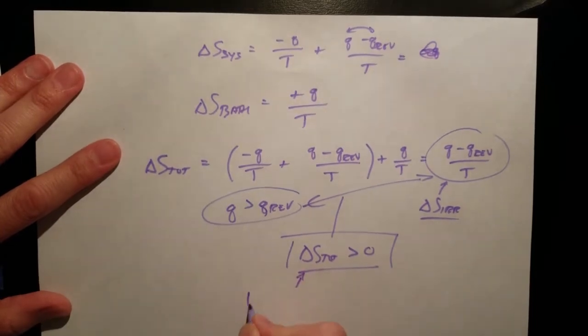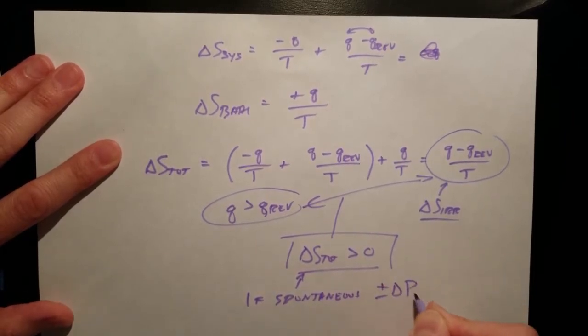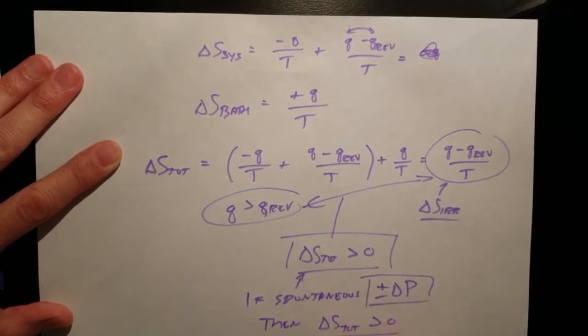So again, if spontaneous, regardless of whether it's plus or minus delta P, then delta S tot is larger than 0.